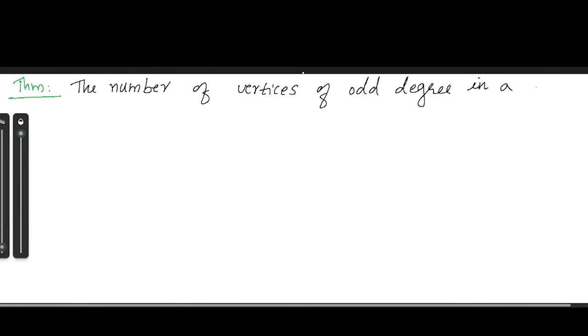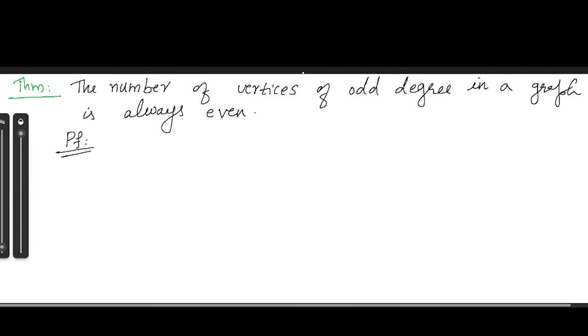The theorem says the number of vertices of odd degree in a graph is always even. Number of vertices of odd degree in a graph is always even.